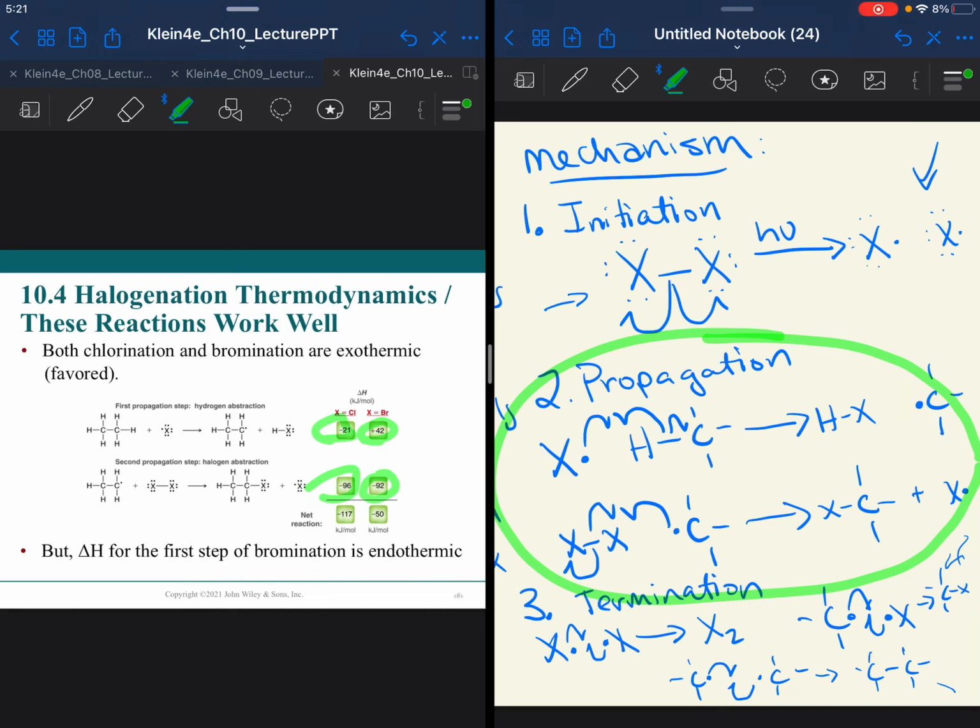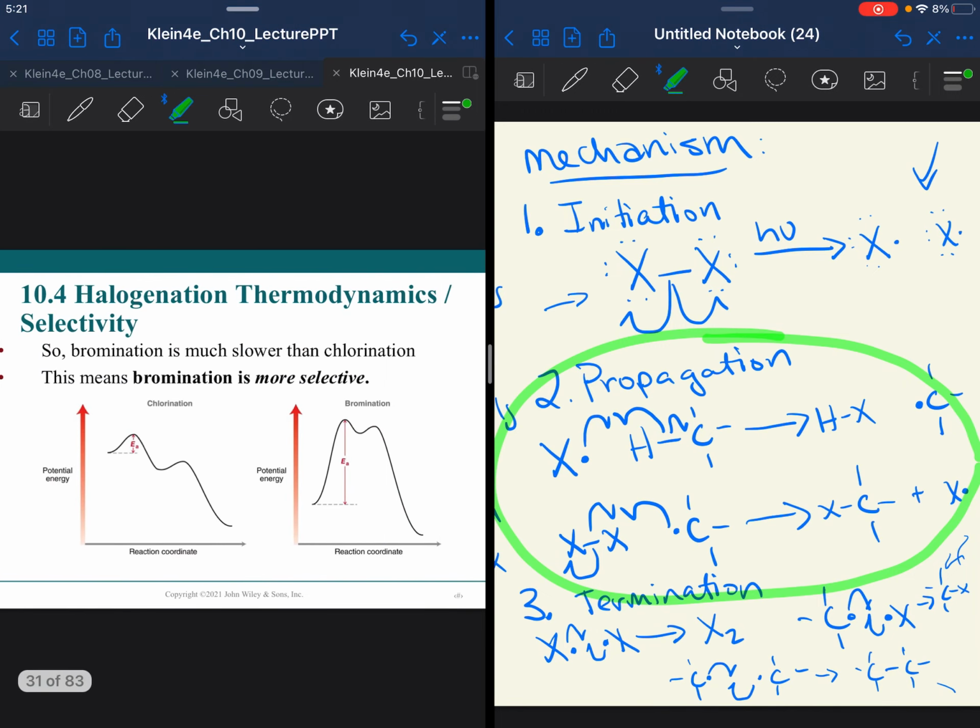So chlorine will just continue to react, giving itself plenty of energy. It actually makes it less selective. Bromine is overall exothermic, but it has a little bit more of a challenge within it. So it's much harder to get polybromination, right?